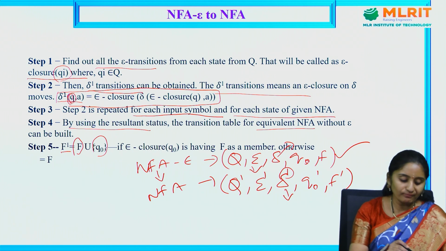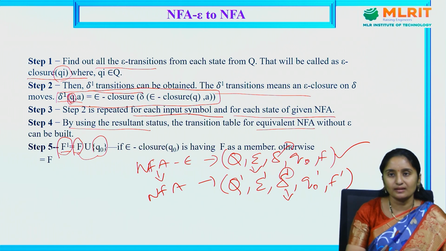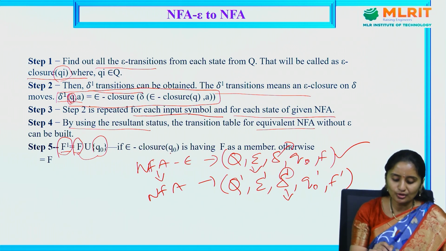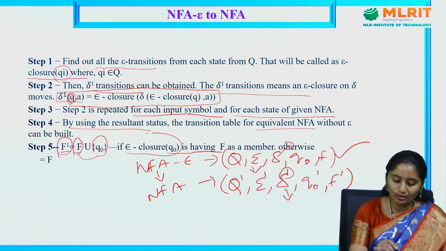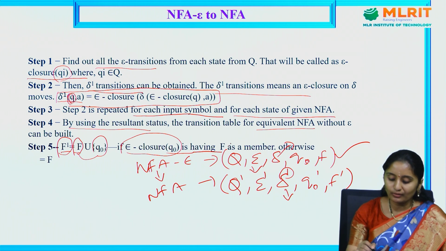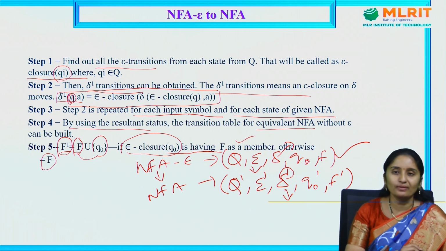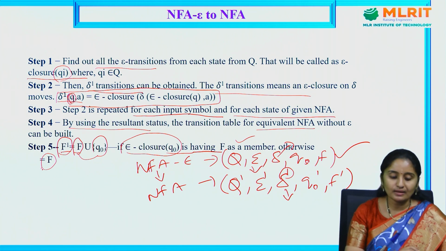In that, if I find the F, the final state, in both the cases, if it is matching, that will be the F dash final state. The same thing: if the epsilon closure of Q naught has some final state F, if that final state is present in the epsilon closure of Q naught, then we are going to say it is a member. Otherwise, simply F is our final state. So this is the meaning.